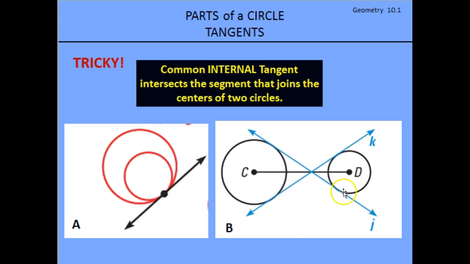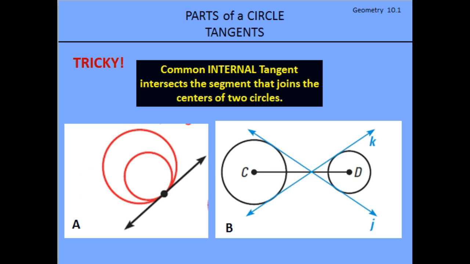However, by definition, these are also internally tangent because a common internal tangent intersects the segment that joins the centers of two circles. Well, here's the segment that joins the centers of two circles, and the common tangent intersects that segment. So that's why those two are internally tangent.